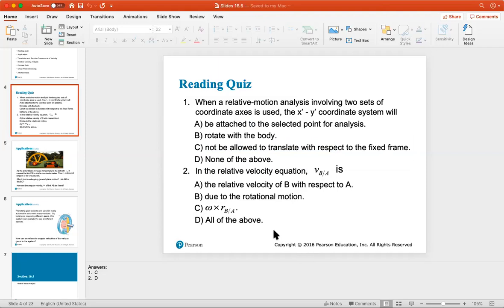So B relative to A means any point in the body relative to my X prime, Y prime coordinate system. And your options are A, the relative velocity of B, that's what that would refer to. Option B is it has to be due to rotational motion. C is omega cross the relative vector, or D, all the above.